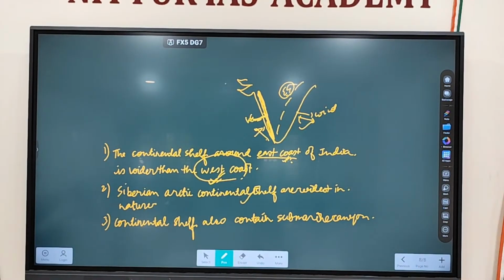So remember that the continental shelf is wider on the east coast of India rather than on the west coast of India. The widest continental shelf is found in the Arctic Ocean. So Russia is extending into what? Russia is extending into the Arctic Ocean, the Siberian Arctic region.